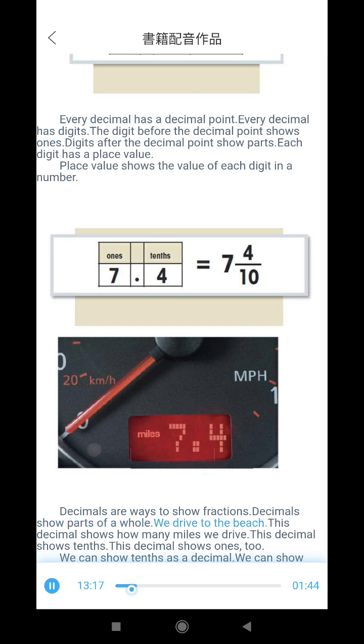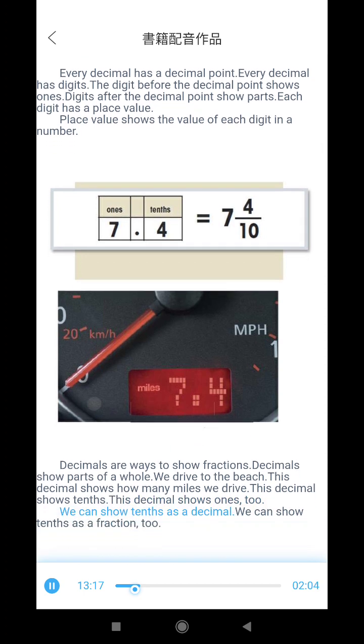We drive to the beach. This decimal shows how many miles we drive. This decimal shows tens. This decimal shows ones too. We can show tens as a decimal.